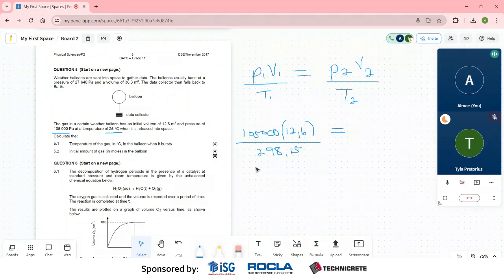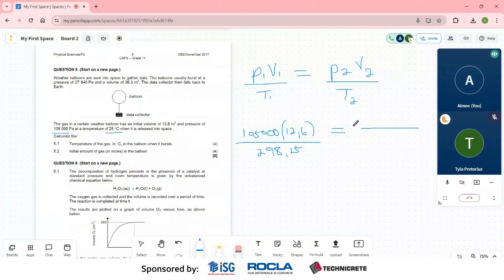Okay, so now that's all of our information on the left-hand side. So now we plug in our information on the right-hand side. They are looking for the temperature that the balloon bursts at, so T2 is going to be the variable that we're looking at. But what can we plug in for our pressure when it bursts?